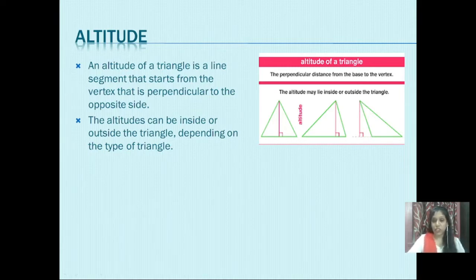And children, you use what is this? I hope you all know this. You use the set square to draw the altitude of any triangle.